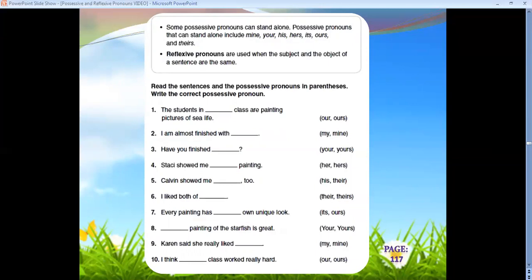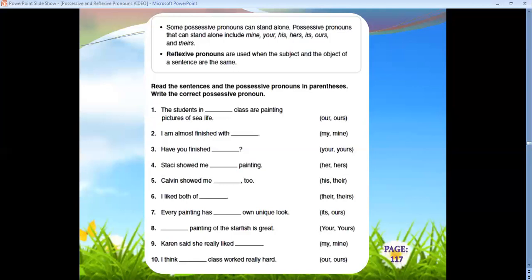The students in our or ours class are painting pictures of sea life. Can we say the students in ours class? I don't think so. Do we say the students in our class? Check class. Is class a noun?